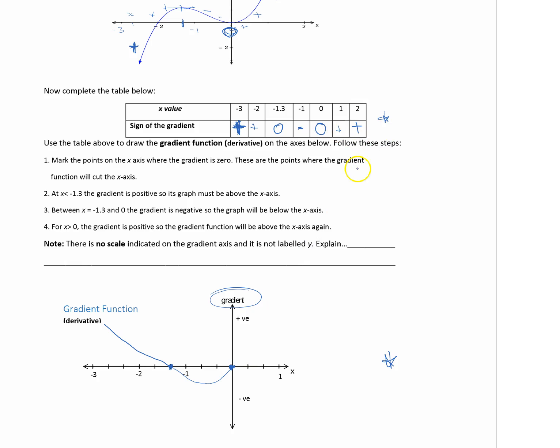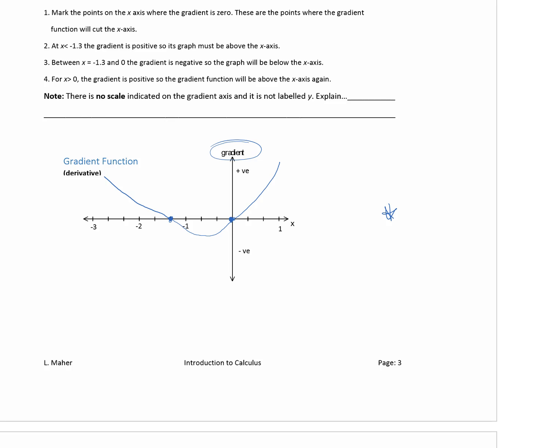Thereafter, the gradients go positive. So we indicate that by putting our graph above the x-axis in the positive region. And that is as good as we can do for graphing the gradient function for now.